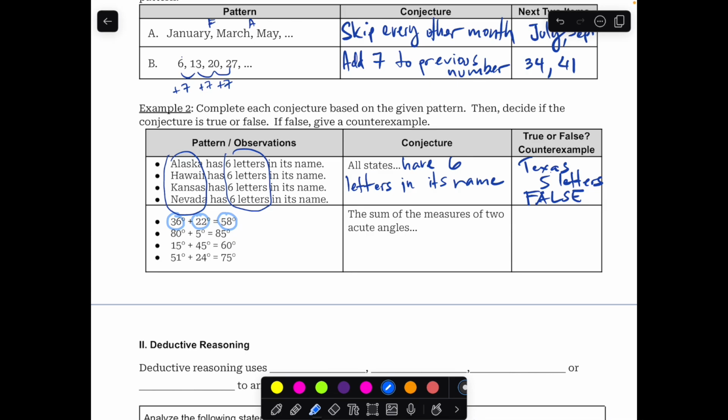So acute and acute equals acute, acute and acute equals acute, acute and acute equals acute. So the conjecture is that the sum of the measures of two acute angles is acute.